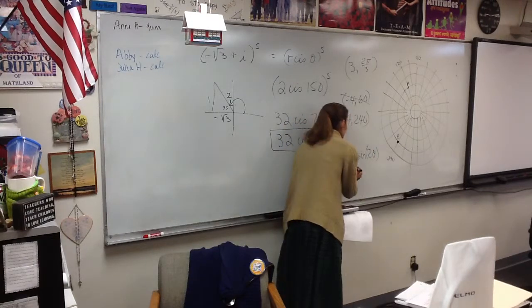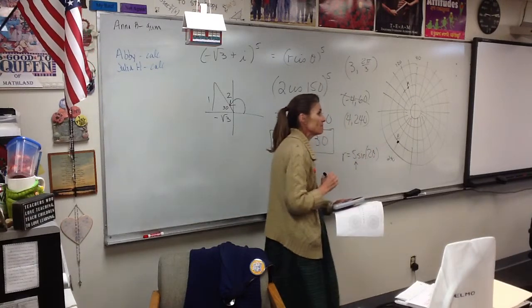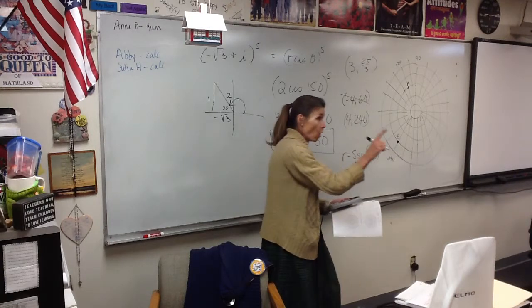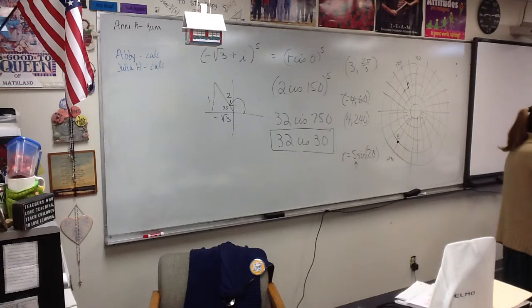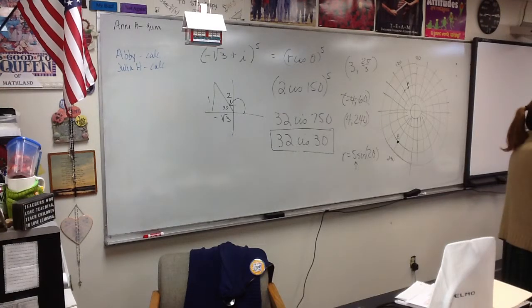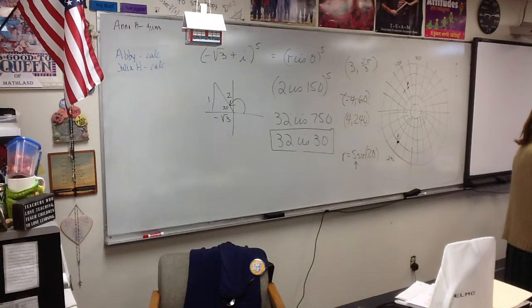Do you remember what this number tells me? How long the leaves are. So if you set your window at 5, it's going to go right to the very edge. So I think I'll use -6 and 6. You can use 5 if you want. I just always like to have a little bit of extra space.